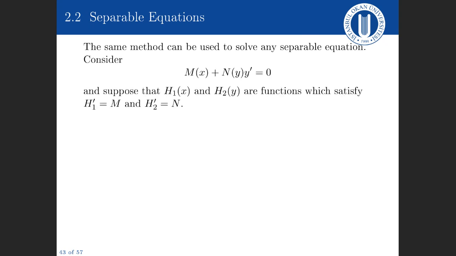This same method can be used to solve any separable equation. Let's consider the general equation, m of x plus n of y, y prime is equal to 0. Let's suppose we know antiderivatives of m and n. Let's suppose we know a function h1 of x and a function h2 of y, such that h1 prime is m and h2 prime is n.